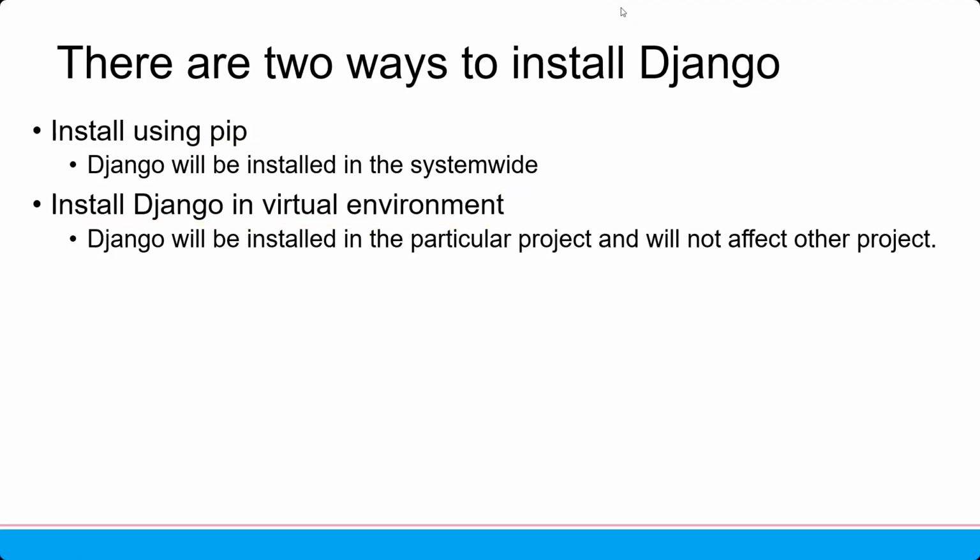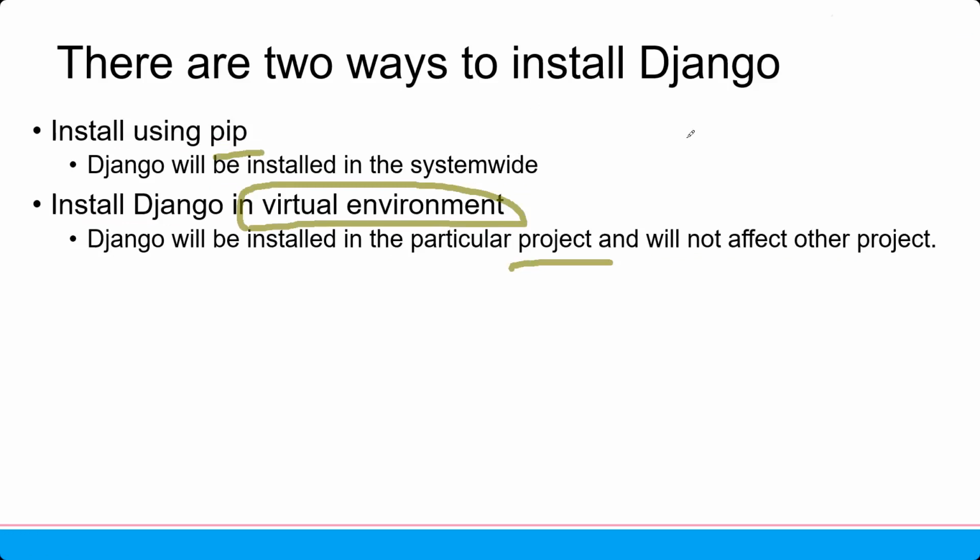What is the advantage of pip and what is the advantage of using a virtual environment? In the virtual environment, you can make one project with Django, and for the other project, let's say you have a Python file, you have other kinds of tools.